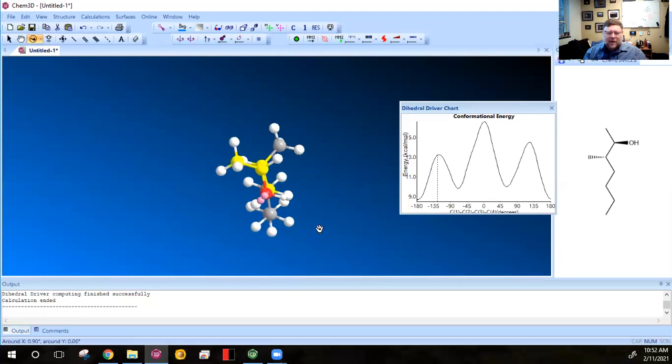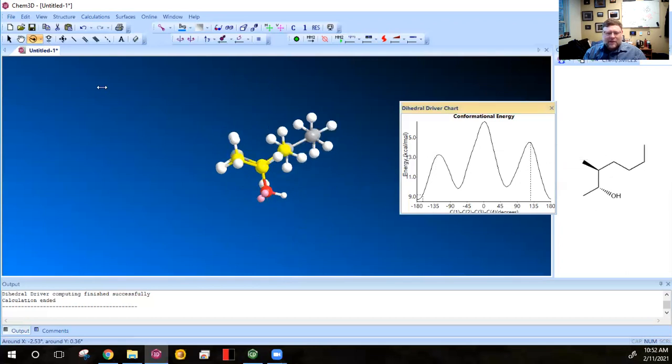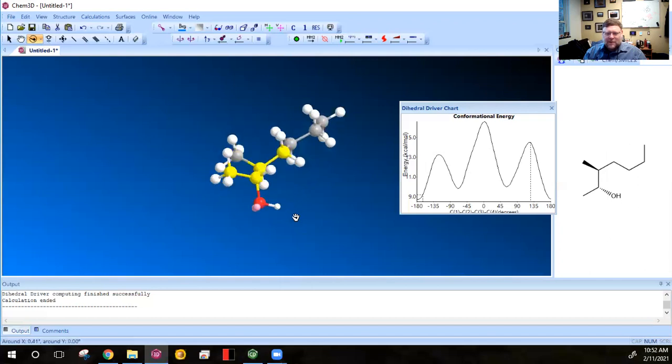And the OH is smaller than a methyl. Let's click on the other one, other eclipsed. Again, all three high energy points are eclipsed conformations. And we have two methyls eclipsing one another, and that's why this eclipse is a little higher than that.